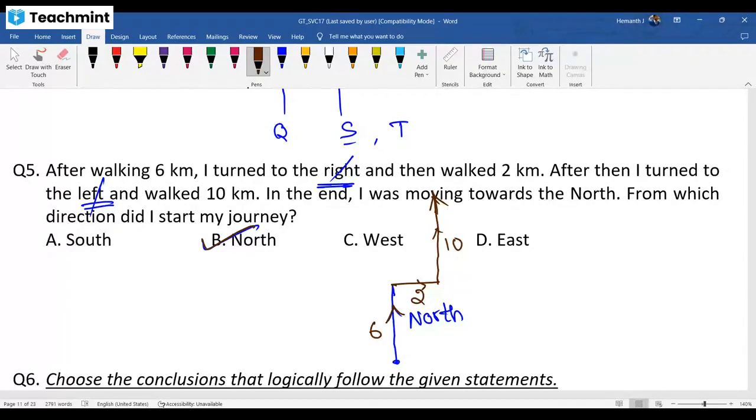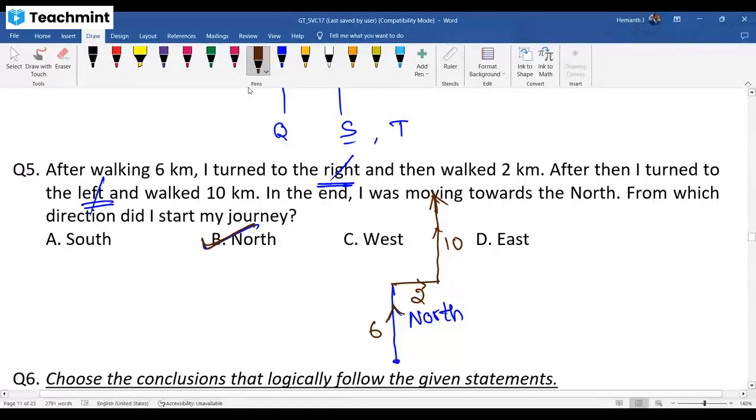If there are two rights and one left, one right and one left cancel. Traveling right means traveling east. Like that you can think. This is an excellent question. Initially the direction is not mentioned, but they're asking you, and finally you are traveling towards north. So initially I started my journey towards north.